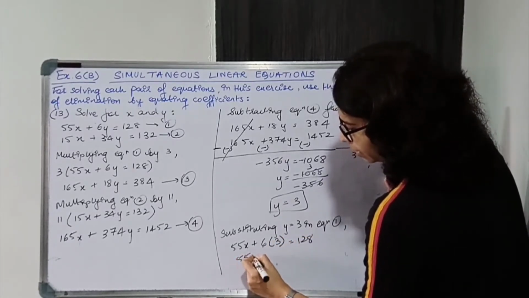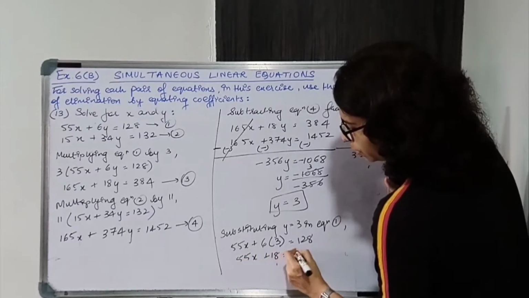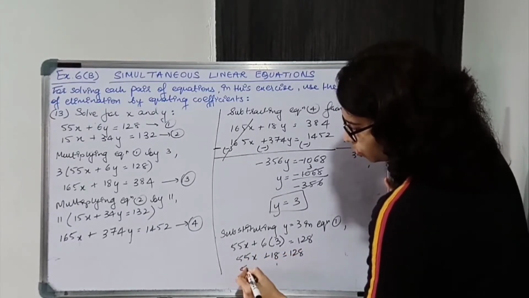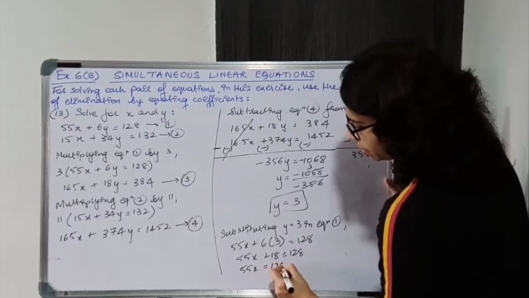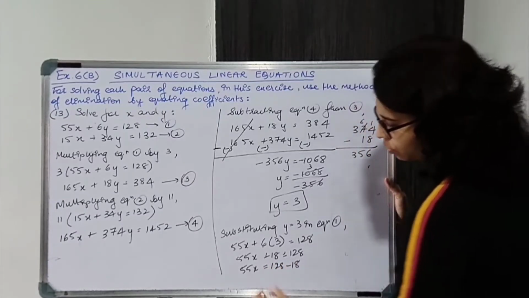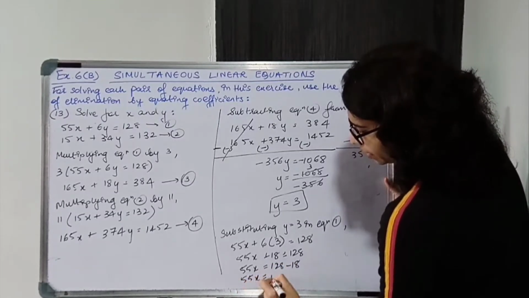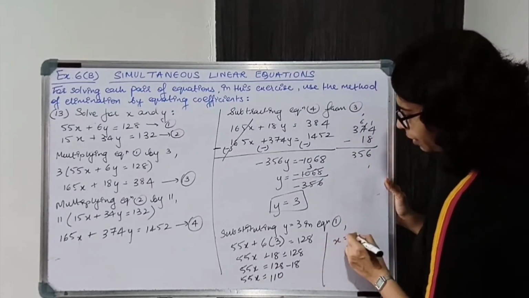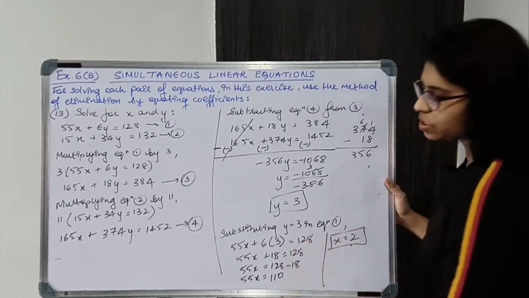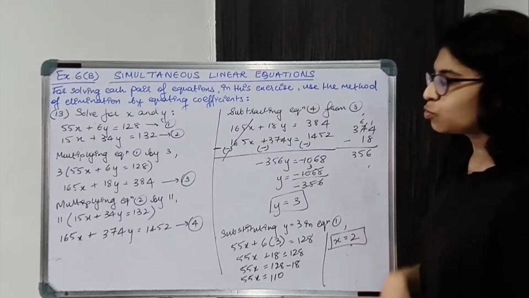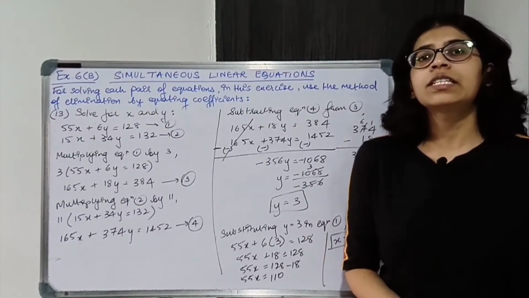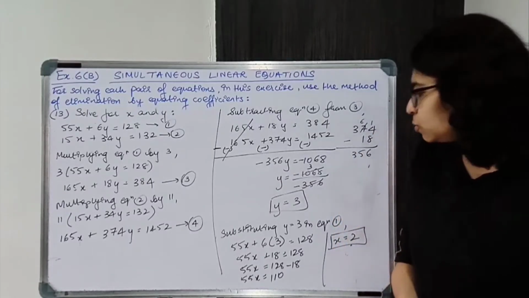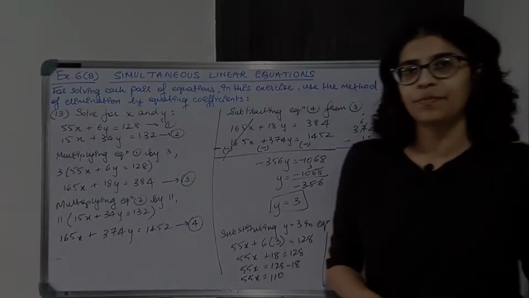So 55x plus 18 is equal to 128. So this will become 128 minus 18, so 110. x is equal to 110 upon 55, that is 2. Okay, 55 2s are 110. So x is 2. Write down the final answer. x is equal to 2 and y is equal to 3, and box the answer.